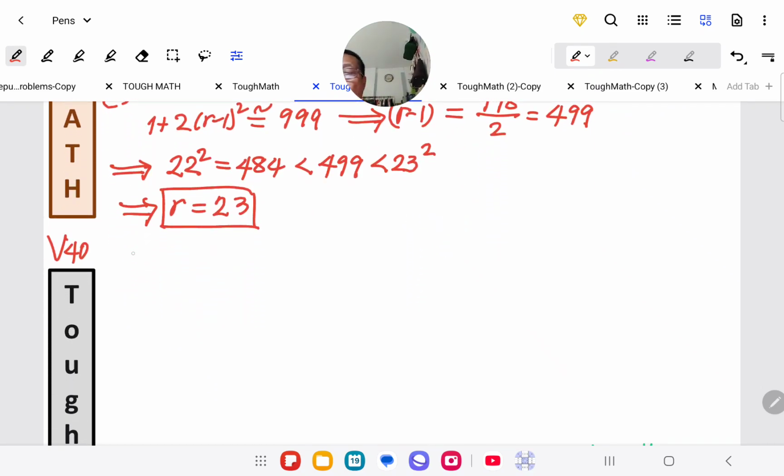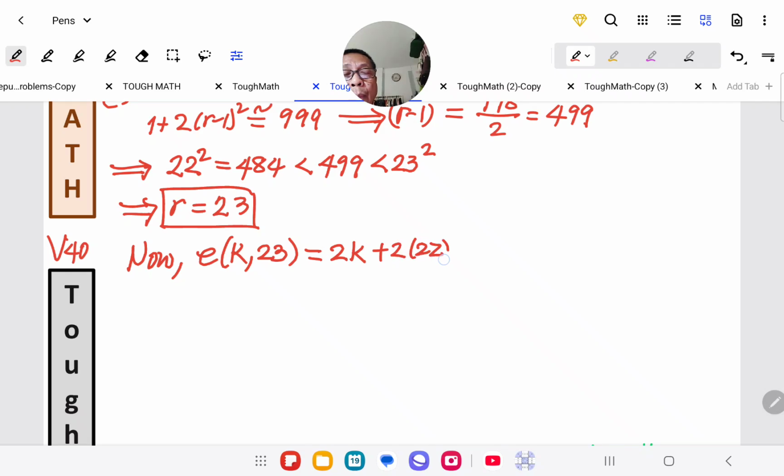So E(K,23), the kth entry on row 23, is equal to 2K plus 2 times 22 squared minus 1 equals 999.